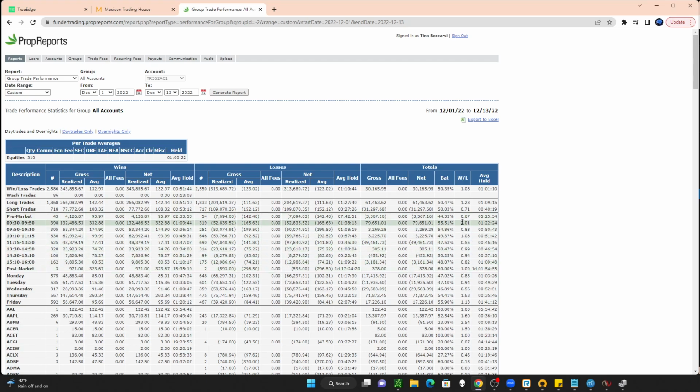But basically, you can see a pattern. The worst time to trade, based on these stats, for what you guys are doing, most of you are underperforming dramatically between 11:15 to 13:30 Eastern time. So that's basically 11:15 Eastern to 1:30 Eastern. If you're trading in that time slot, you're most likely losing badly.